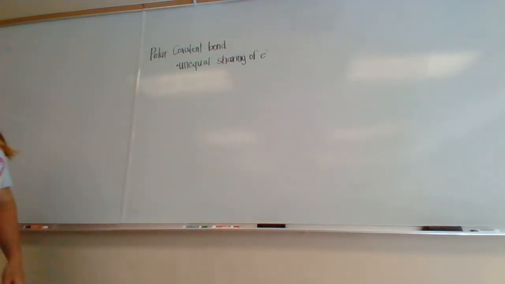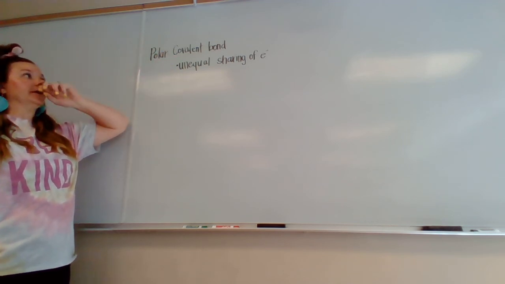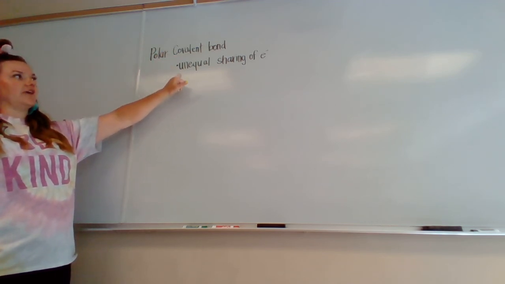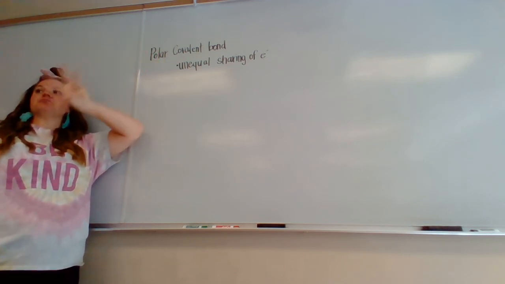So what happens is, if I have two elements that are not sharing electrons equally, I form what is called a polar covalent bond. A polar covalent bond means I have an unequal sharing of electrons.